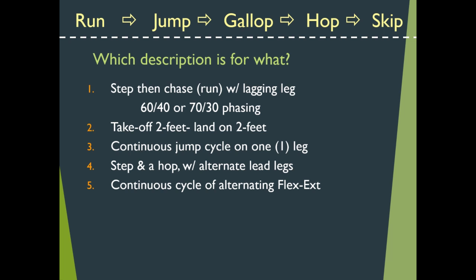Continuous cycle of alternating flexion and extension with a 50-50 phasing and an airborne phase. 50-50 phasing refers to the gait cycle, where as one leg begins the cycle at time 0, the other leg is at 50% of the cycle.